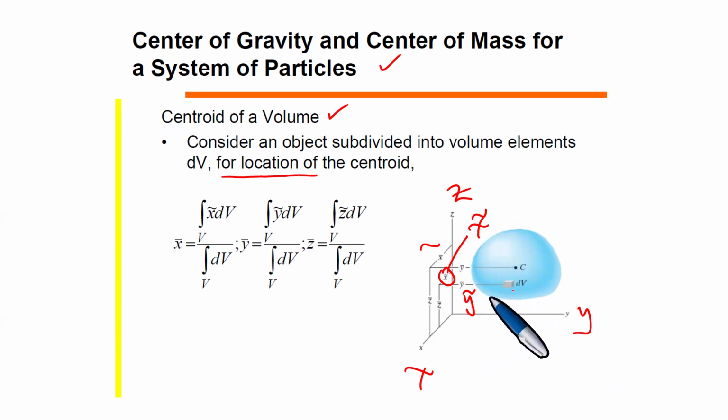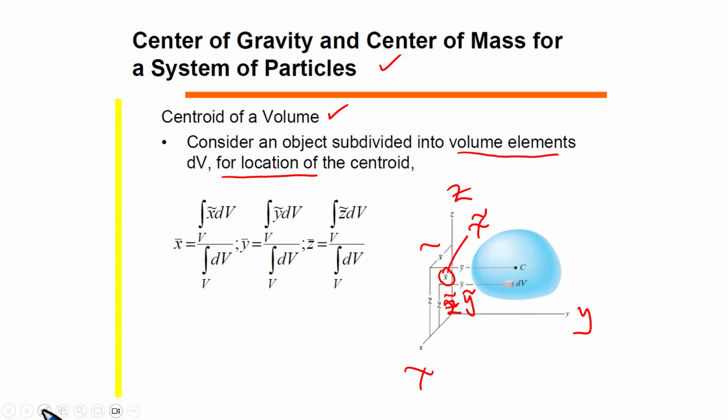We measure it in 3 dimensions. If this is the position of the arbitrary volume element, then parallel to the x-axis is x tilde, because the particle is somewhere there. So we travel x tilde, we travel y tilde, but we must go up z tilde. So this one is z tilde.